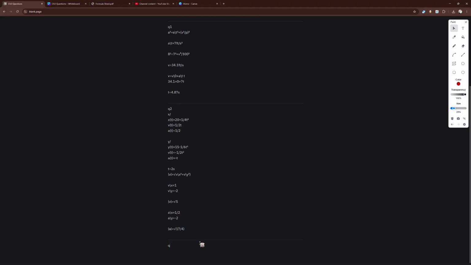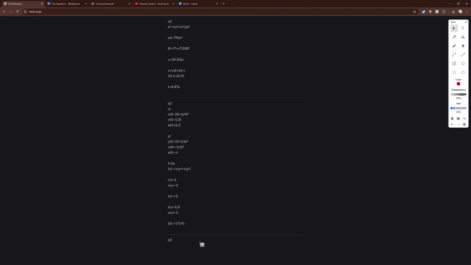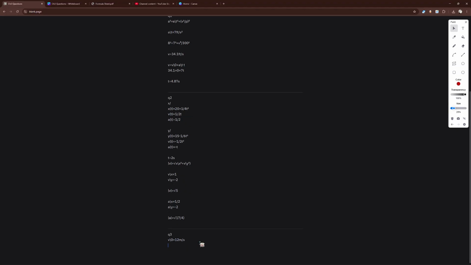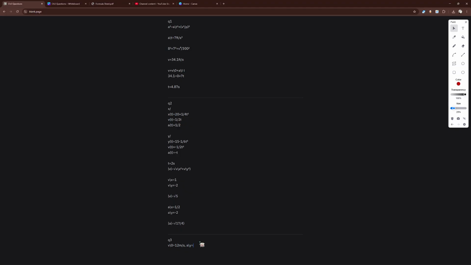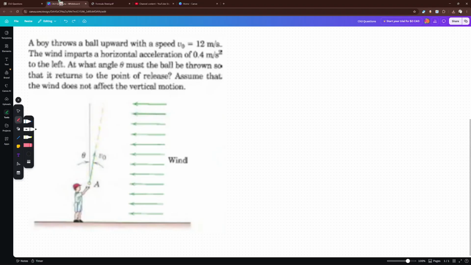So, we're on to Q3. Let's get out our terms. We have that v0 is equal to 12 meters per second. We have ay equals negative 9.81. We have that ax equals 0. I mean, sorry, not 0. There's wind.